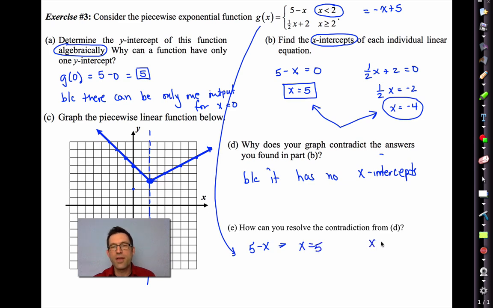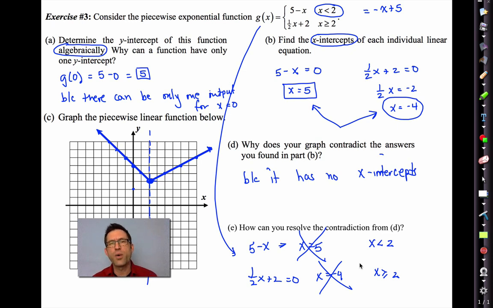But that formula only applies when x is less than 2, and 5 is not less than 2. Likewise, 1/2 x plus 2 will be equal to 0 at x equals -4. But that formula only applied when x was greater than or equal to 2. So -4 doesn't count. So actually, we're all set.